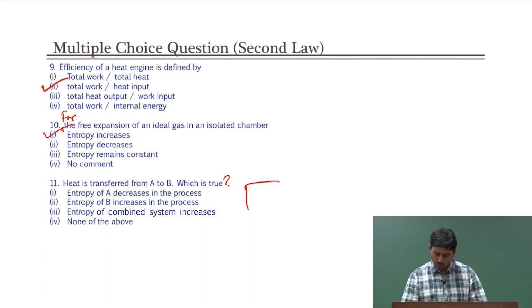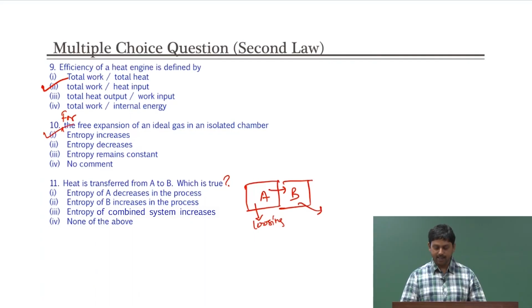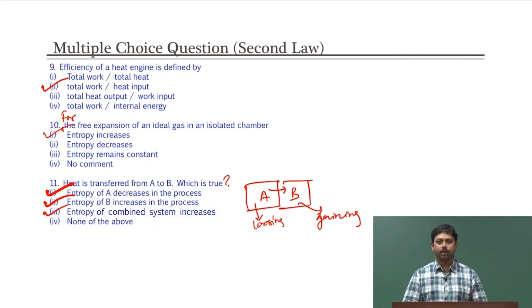For example, we will talk about A and we will talk about B. Now, heat is transferred from A to B. What happens in this process is that A is losing heat, so A is losing entropy, and B is getting heat, so B is gaining entropy. Now, when you add the gain and the loss, there will be an overall gain. So, I would say that entropy of A decreases in the process, that is the right one, entropy of B increases in the process, that is right one, entropy of a combined system increases, that is also right one.